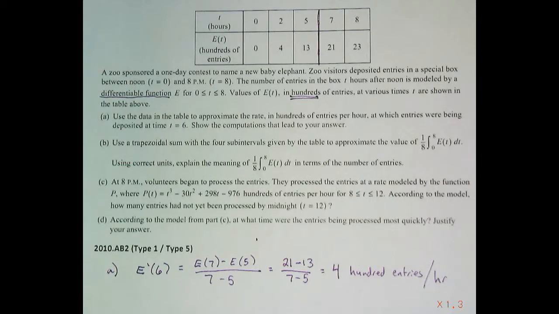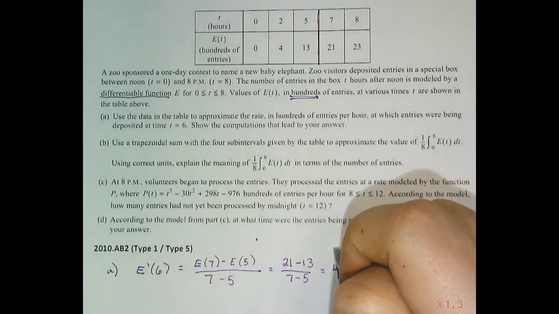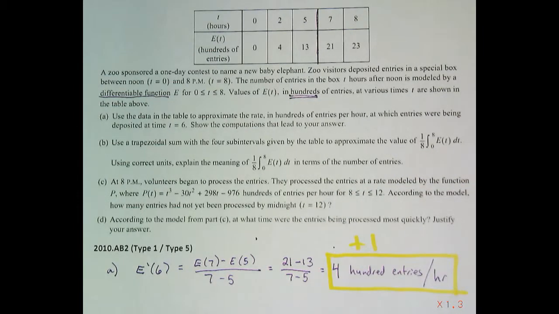This is worth 1 point. If you have the correct answer, that is your 1 point. Oftentimes units are part of these questions, and in this case we were not required to include the units, so all you need to have is the value of 4 with the supporting work that leads to that.